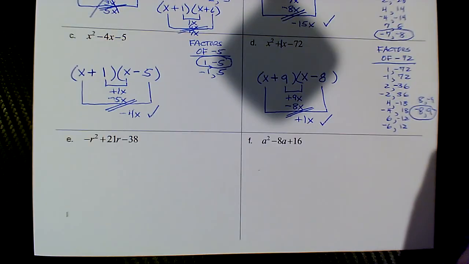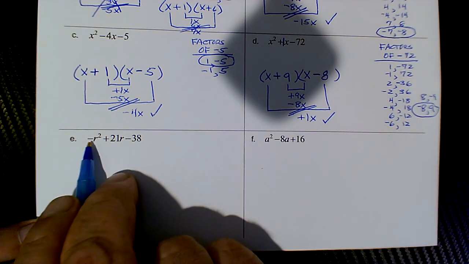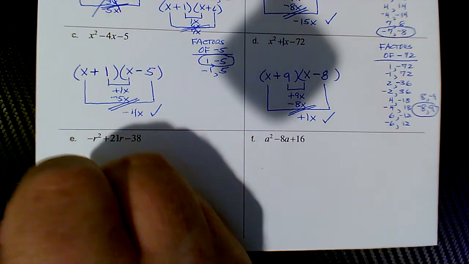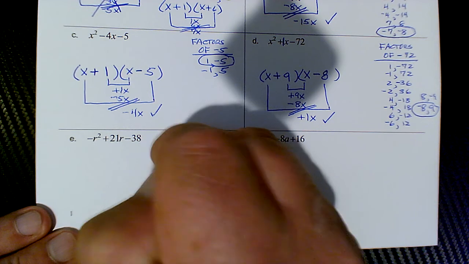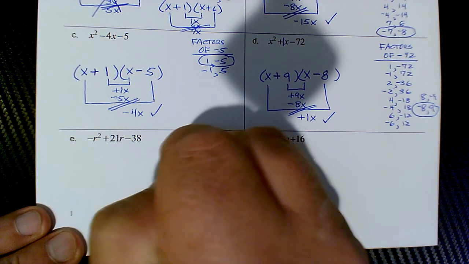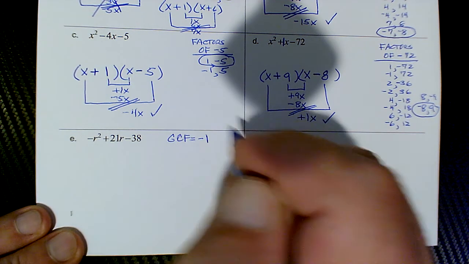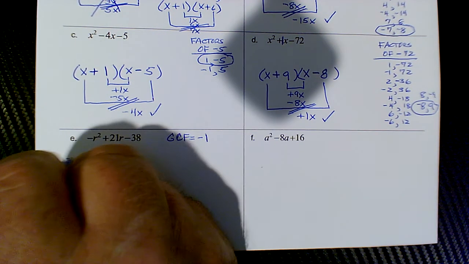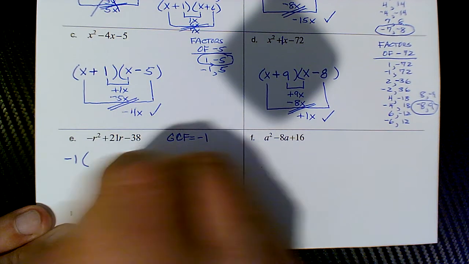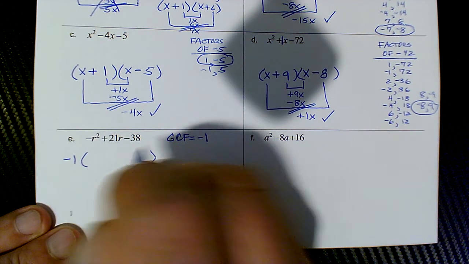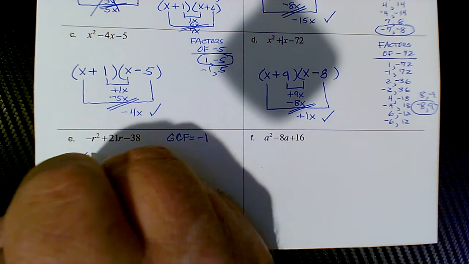Now, if the leading coefficient is not 1, the first thing we look for is the greatest common factor. And in this case, there's a negative. So we first factor out the negative 1. So factoring out a negative 1, now we're just doing greatest common factor, so we're reversing the distributive property.